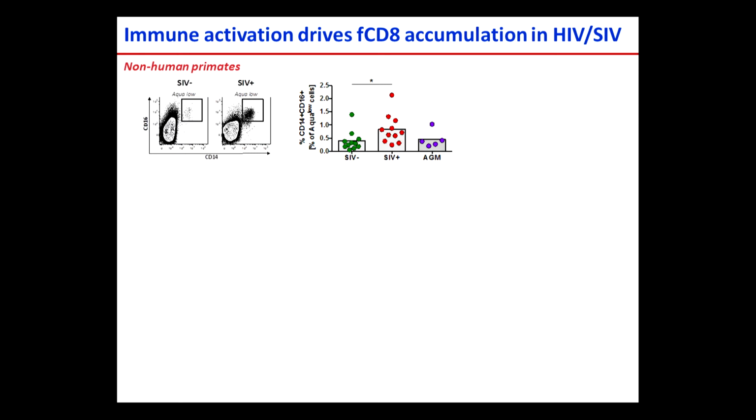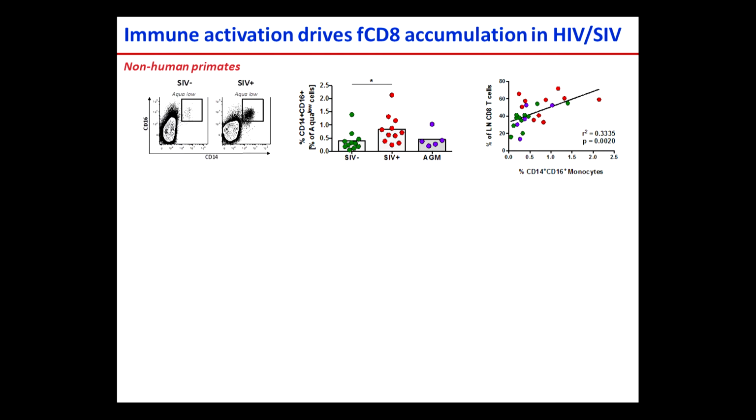And in SIV-infected monkey lymph nodes, you see this increase in CD14, CD16 positive monocytes. You don't see it in SIV uninfected monkeys or in African green monkeys. There's a nice correlation then between the number of these monocytes and the number of lymph node CD8 T cells.